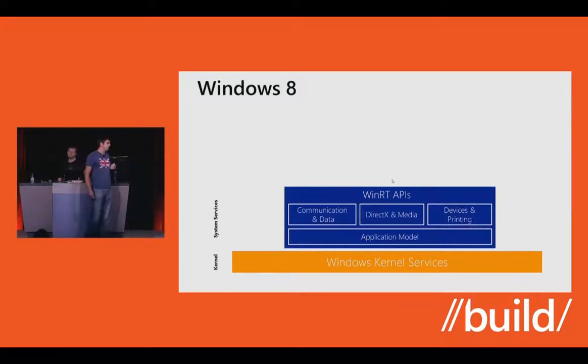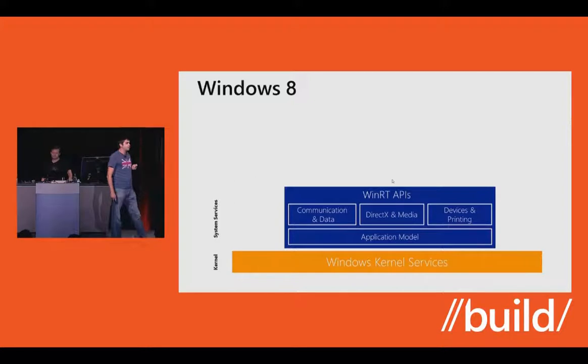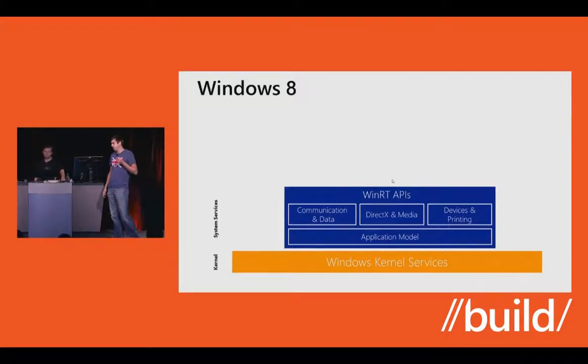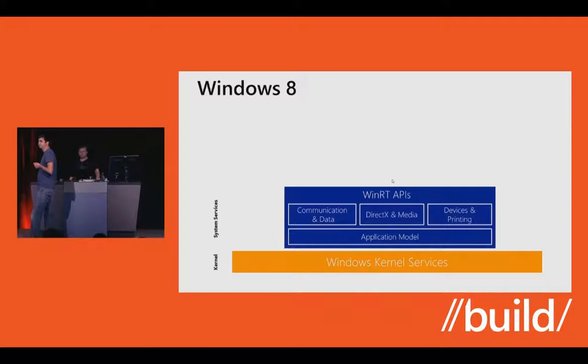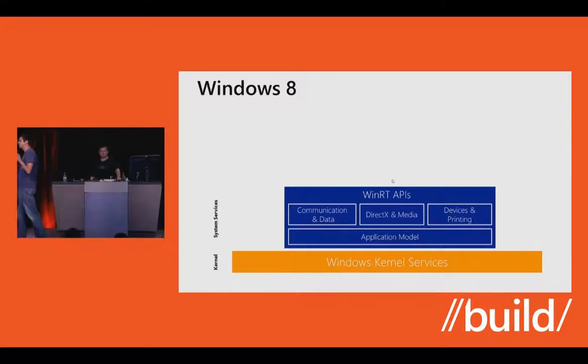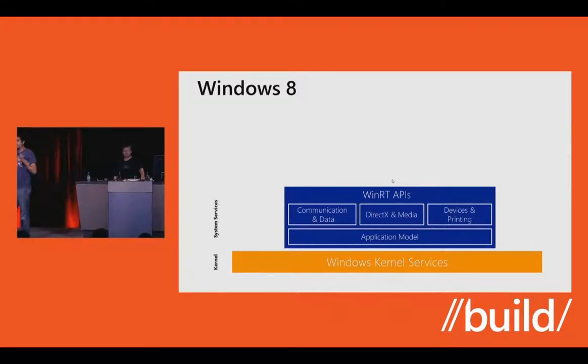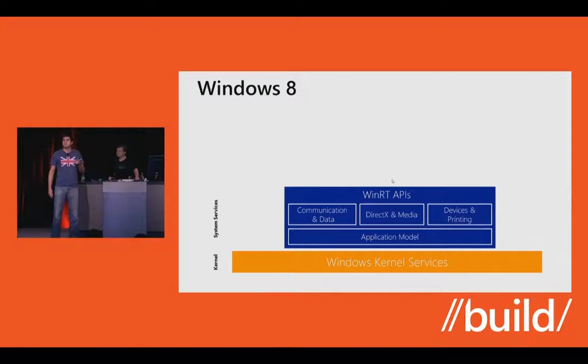So what's WinRT? At the beginning of Windows 8, when we started planning, we realized that the developer experience that we've been providing for Windows for years was kind of dated. If you wanted to write just a native Windows app, you'd program to Win32, which was a C-style programming API that originated in the 80s and 90s.